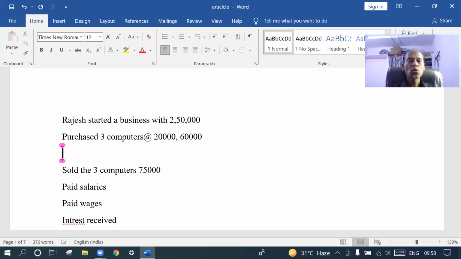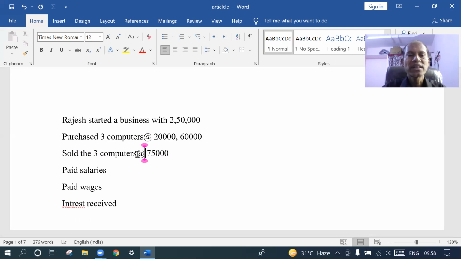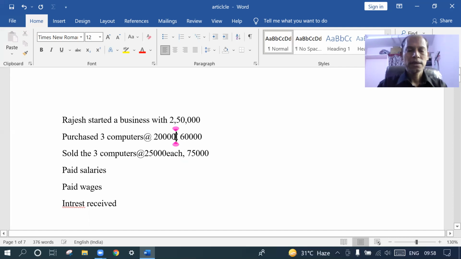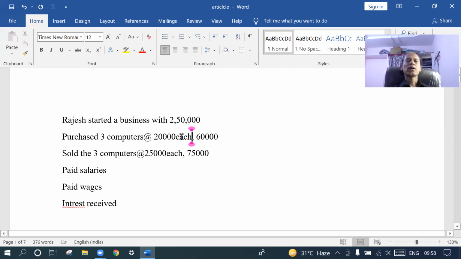And sold 3 computers at the rate of 25,000 each, 75,000.